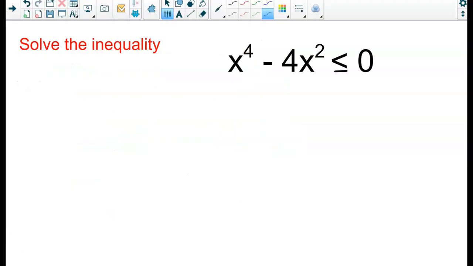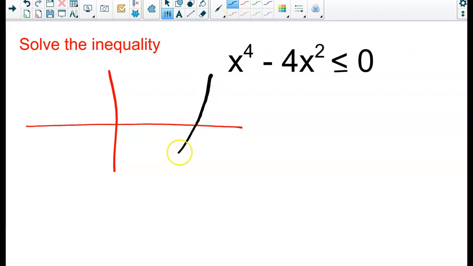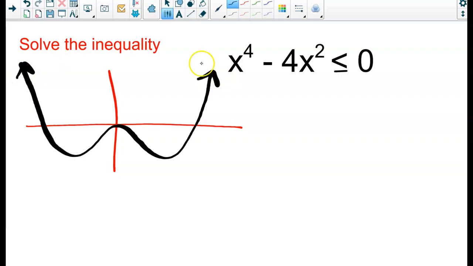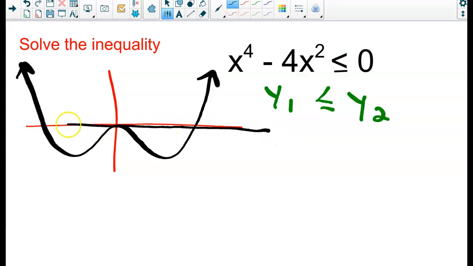So I want to solve this inequality here. I am going to graph it. So go ahead and graph this inequality. And it looks like this. And I want to know where, if this is my y1, is less than or equal to my y2. And my y2 is going to be right here.